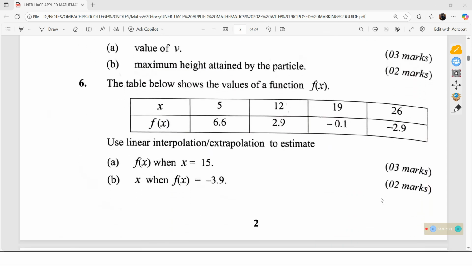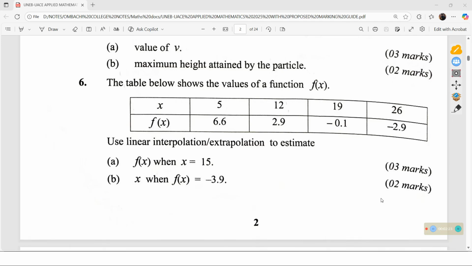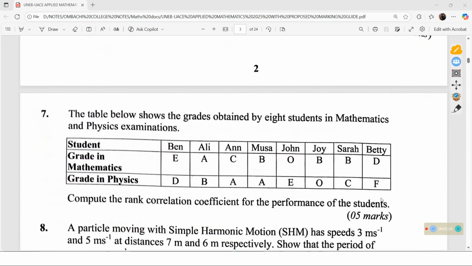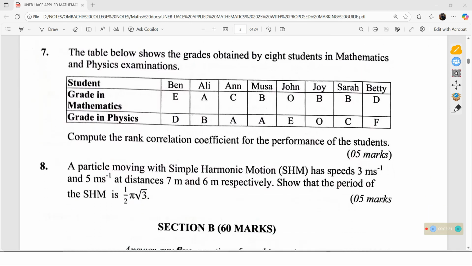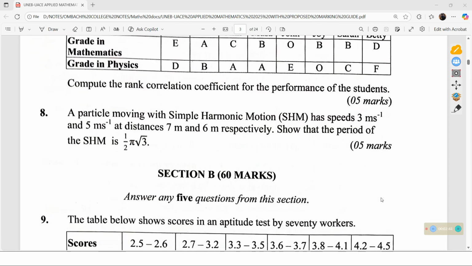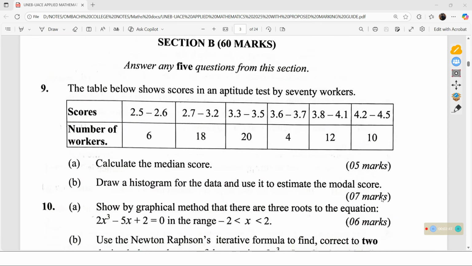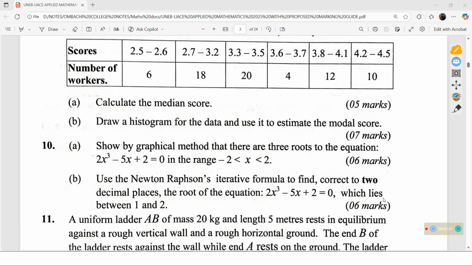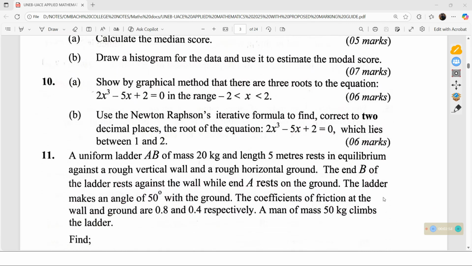So we come to question number 6. So we have question number 7, and lastly question number 8, that is for section A. Then we look at section B. So section B, we start with question number 9. Then we look at question number 10.